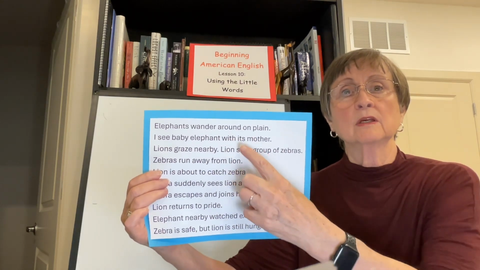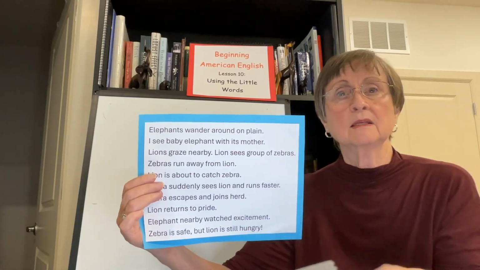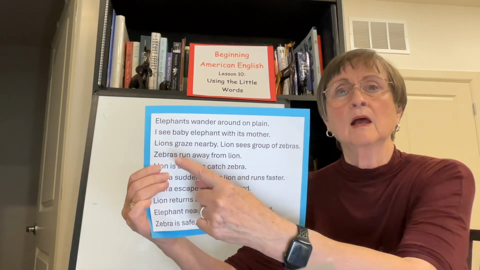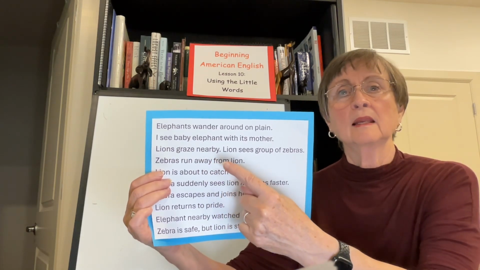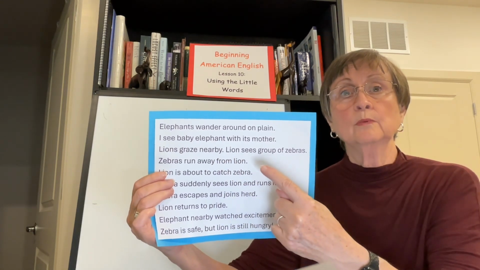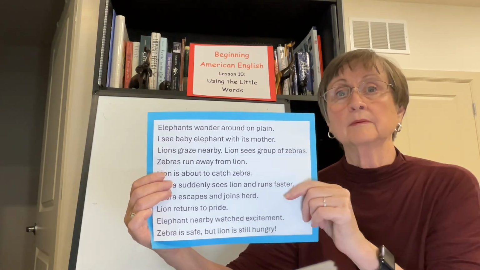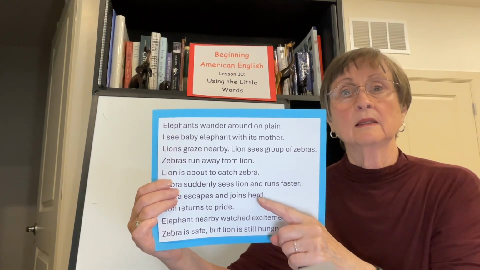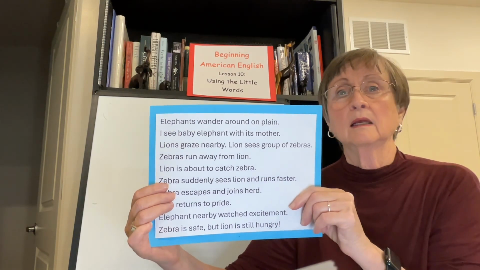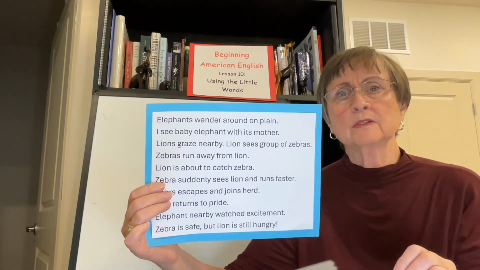Now, its is a possessive pronoun. If you have a possessive pronoun, you don't need any of these, so don't worry about mother. Lions graze nearby. Lion sees group of zebras. Something needed there. Zebras run away from lion. Lion is about to catch zebras.